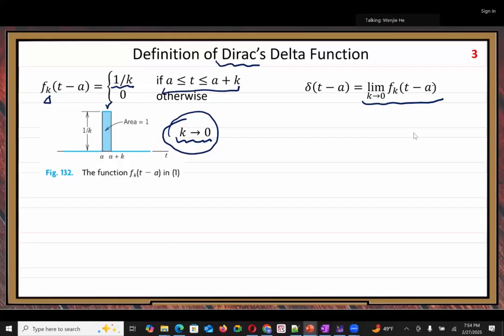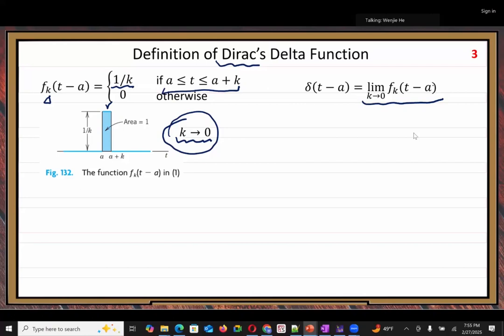But here there is a question. Does the limit exist or not? The limit may not exist. When we use a limit, how do you know the limit exists? It's possible the limit does not exist. That's the hard part.